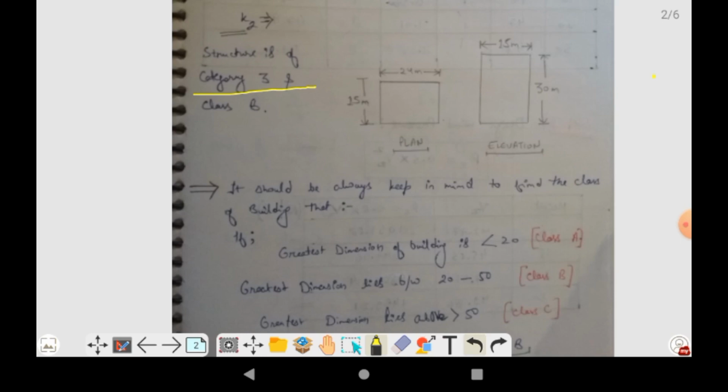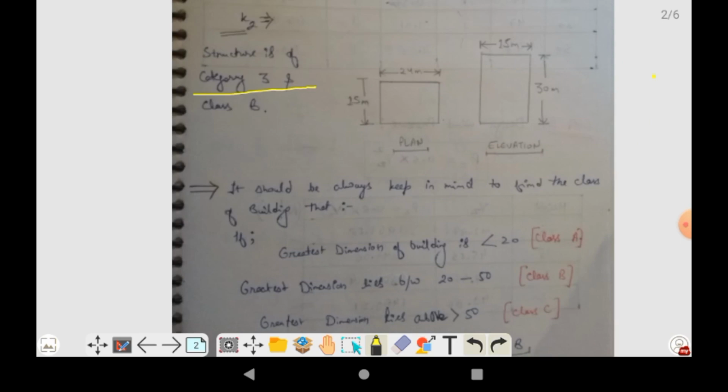So to find the class, as I have already discussed and written here. Now as we have already calculated the value of k1, that we have found is 1, and k2 that is also 1. Okay, so now we are just going to move further for the determination of the value of k3. So for the determination of the value, we need to do some steps.